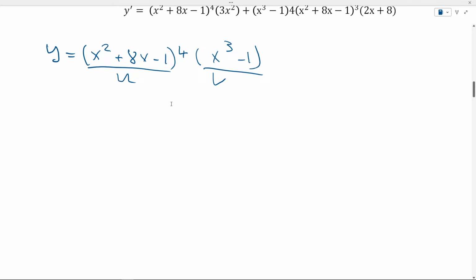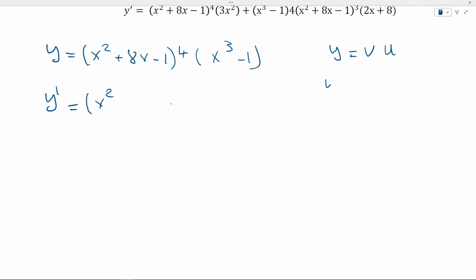Anyway, it doesn't matter. So this is my function u and this is my function v. So y prime, or the derivative of y, y is equal to v u, y prime, that is v u prime plus u v prime.